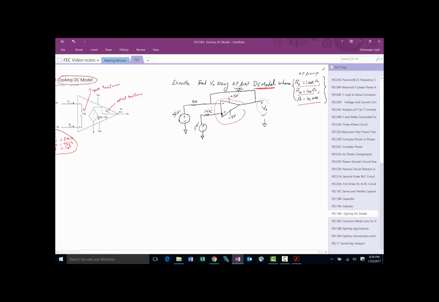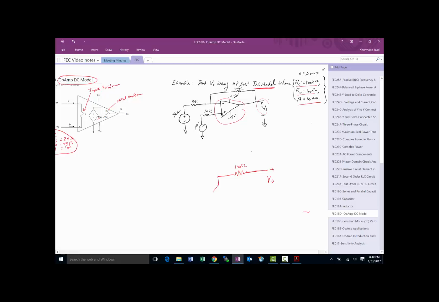So let's see if we can get that done. I'm going to have the V out still there, and then instead of the inside of the box being ambiguous, the inside of the box is going to be R out, and based on this we know R out is equal to 100 ohm.